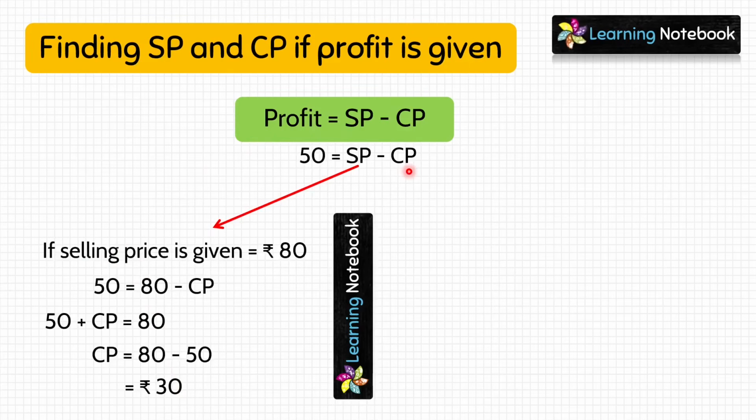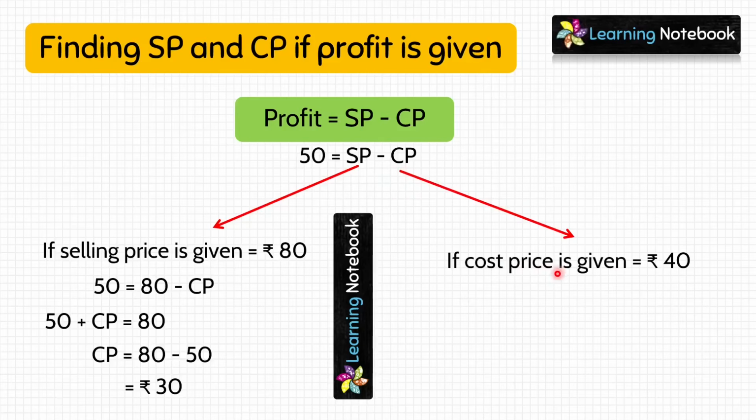Now let's see the second scenario when cost price is given. So CP is given as rupees 40 and profit is rupees 50. And this time we have to calculate the selling price. So to calculate the selling price, we will shift 40 to the left hand side.